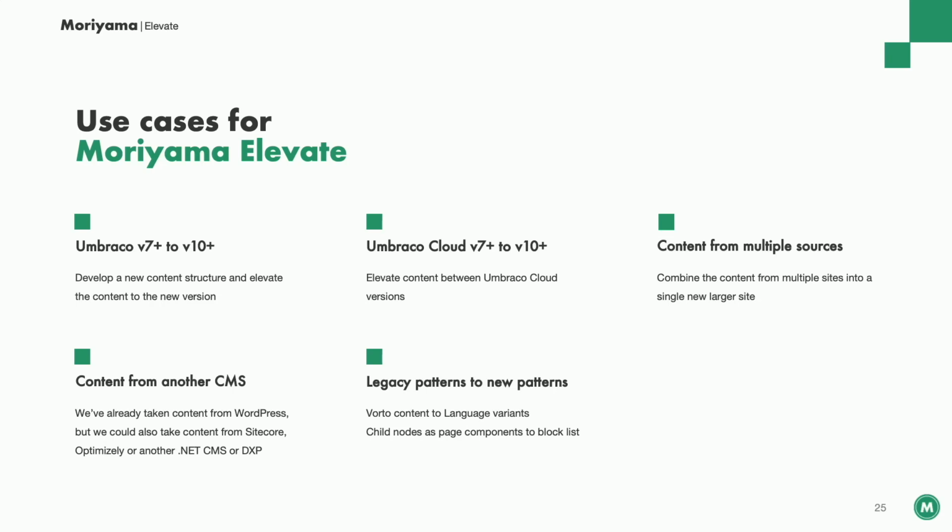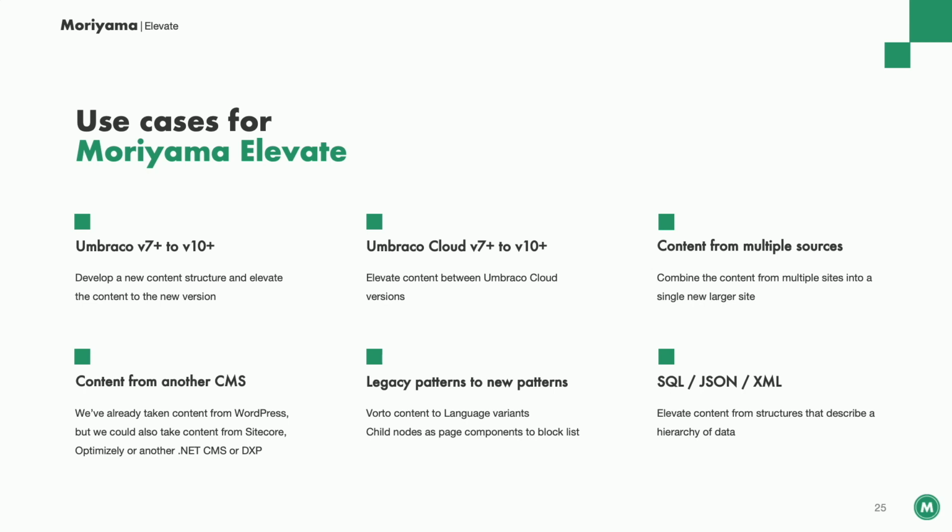Well, we still come across version 7 sites that are built that way. So when moving the data across and mapping it, we could take multiple pages and move them all into block list content within a single page. So we don't need to be stuck or restricted to those legacy patterns.